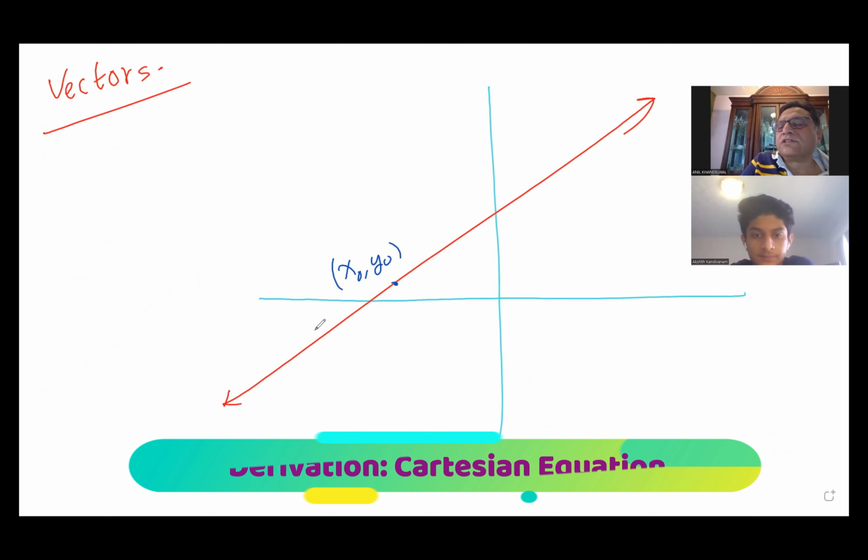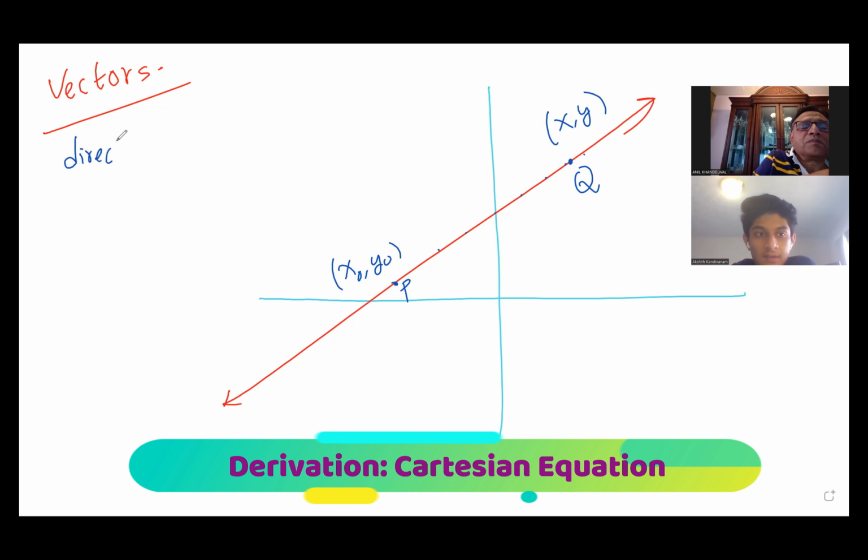And let's take a general point, because if I know the 2 points, I've defined the line. So let's say this point here is P, and then we have a point Q, which is some general point XY. So what is the direction vector? It'll be from P to Q, right? Which will be x minus x0 and y minus y0.